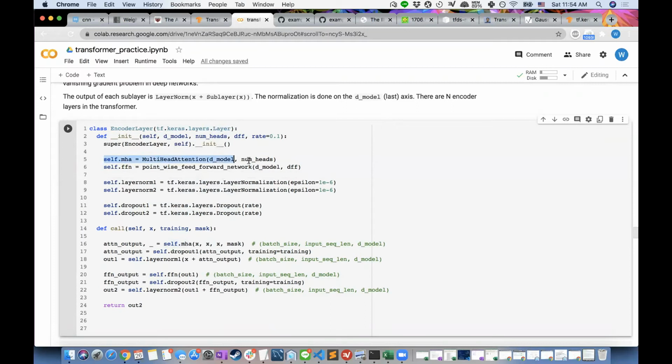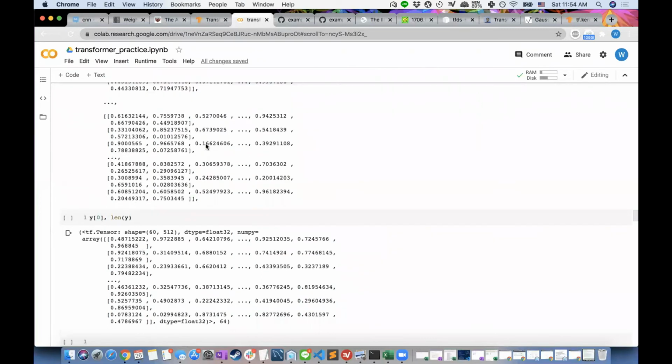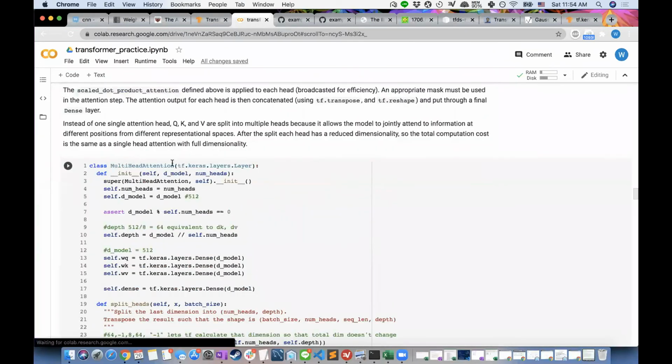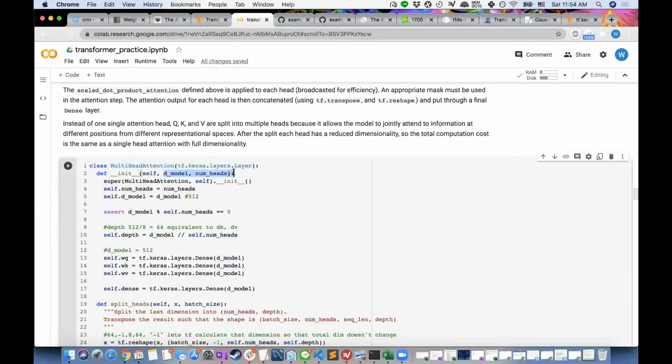And look at this, we're calling the multi-head attention class we built above, initializing it with D model and number of heads.